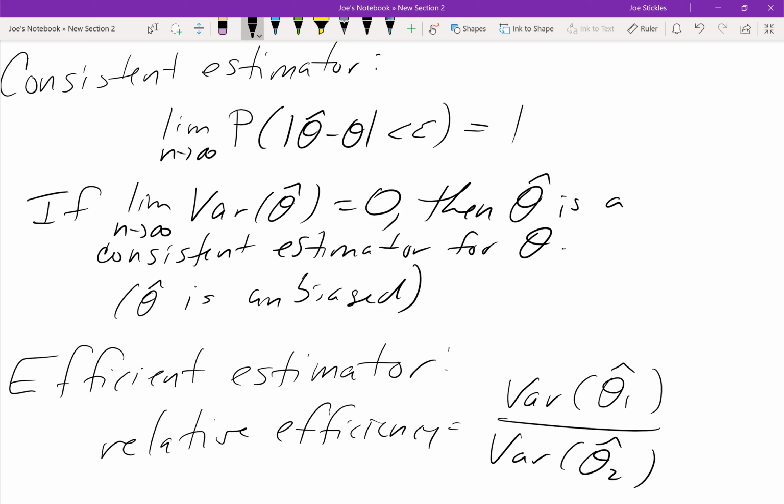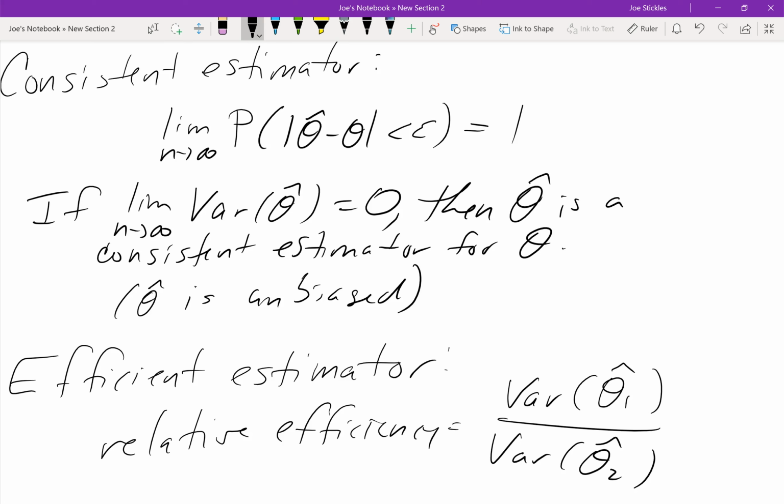If that ratio is less than 1, which one is more efficient? The top one is, right? Because that means the variance is smaller. If it's greater than 1, then the bottom one is more efficient. So that's how you check relative efficiency.